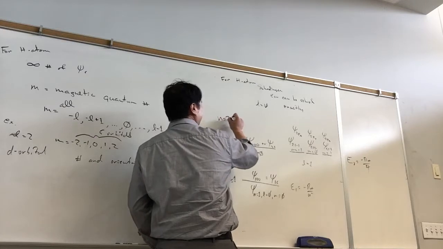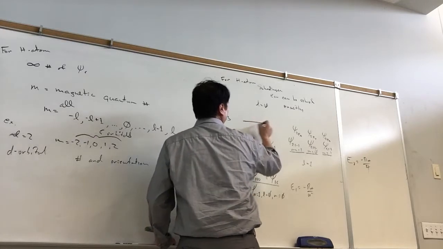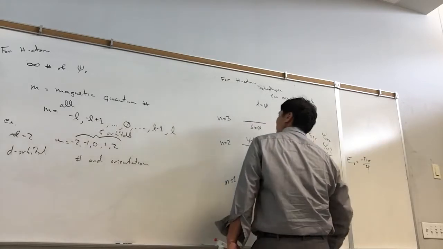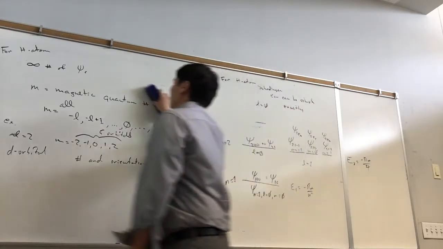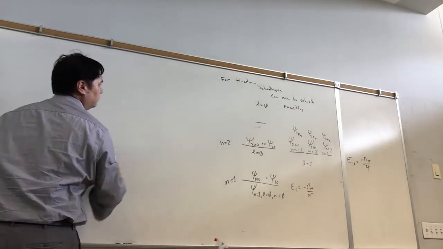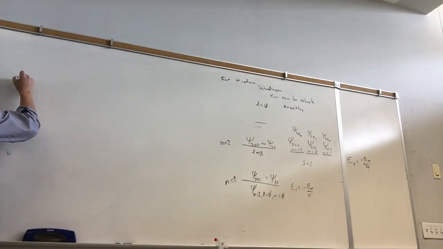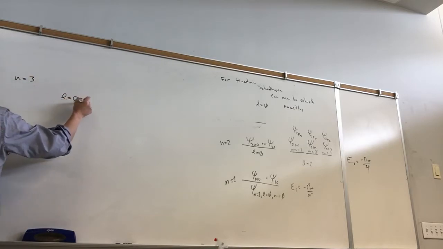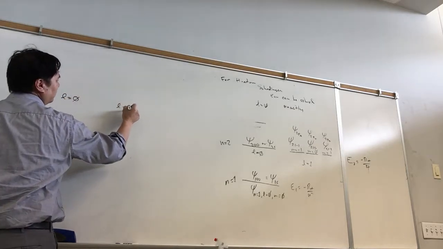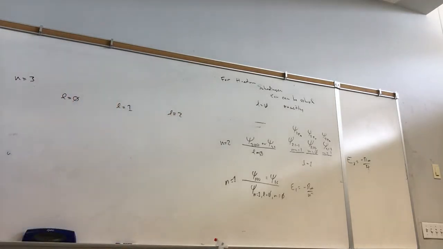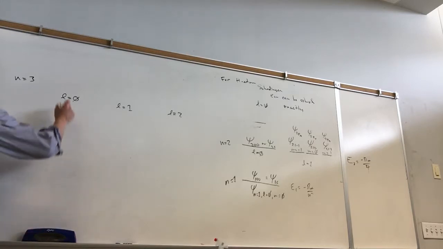When we go to n equals 3, then we could have L equals 0, L equals 1, or L equals 2. We can't have L equals 3 because that would be a violation of the Schrodinger equation.